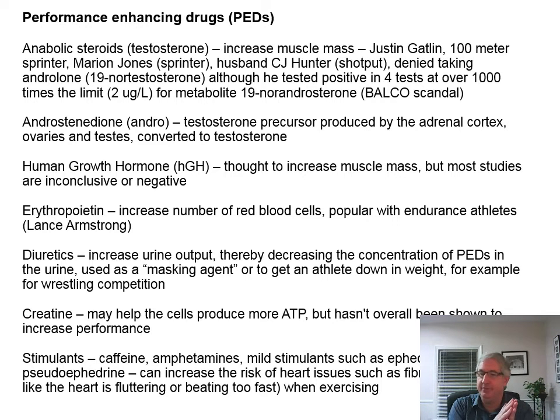So Justin Gatlin, he's a runner for UT. He was a 100-meter sprinter. Marion Jones, she was a sprinter, and her husband, C.J. Hunter, who did the shot put, all denied taking androlone, which was nortestosterone. Although C.J. Hunter tested positive in 4 tests at over 1,000 times the limit of 2 micrograms per liter for a metabolite.